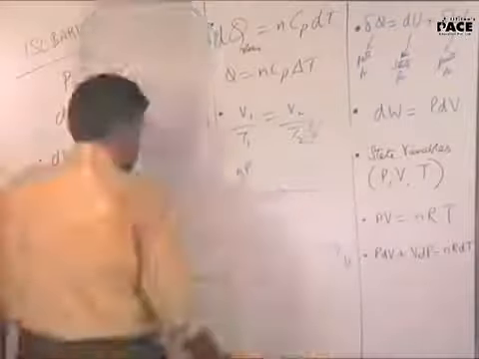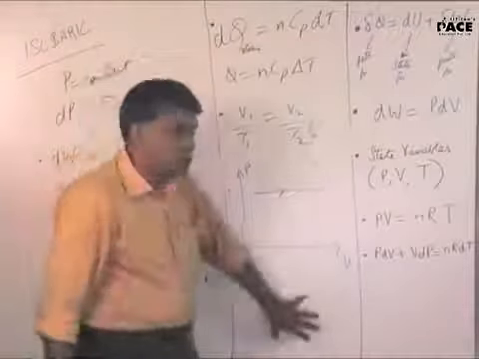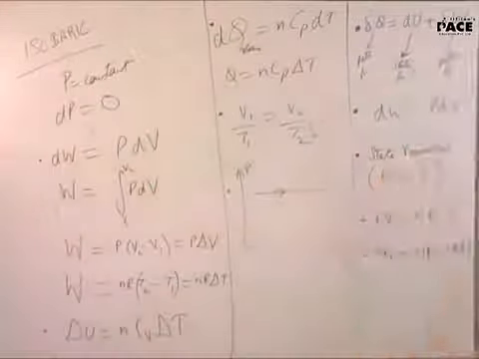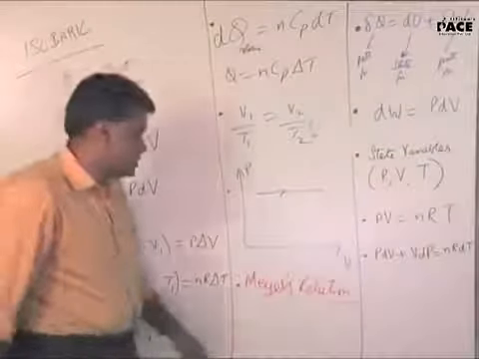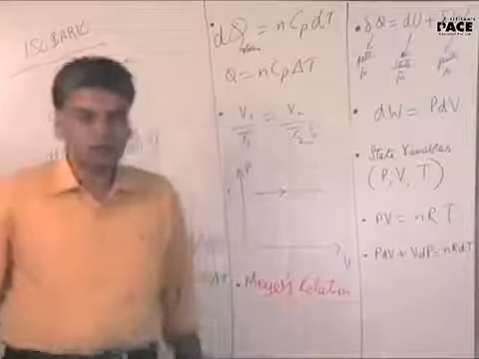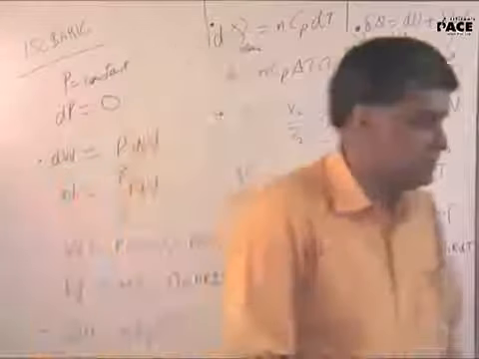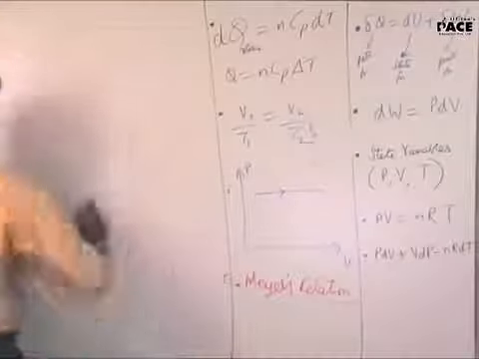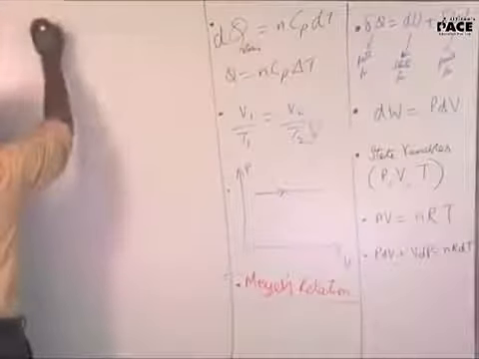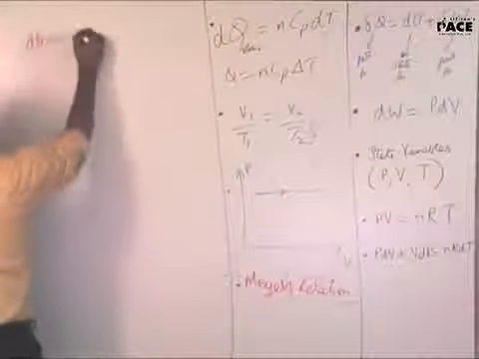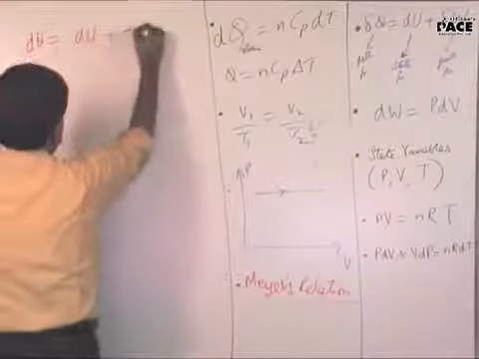Then we are going to derive something called Mayer's relation here. We have also used this in KTG, right? So let us derive it. Can I rub off the first column? Suppose we talk about Mayer's relation. dQ equals dU plus dW, or dU plus P dV.